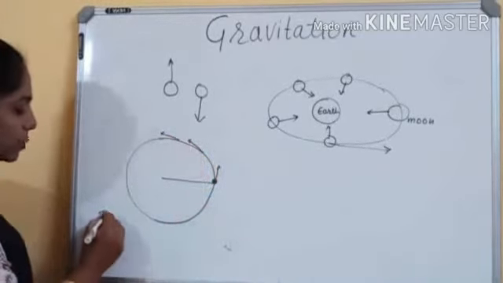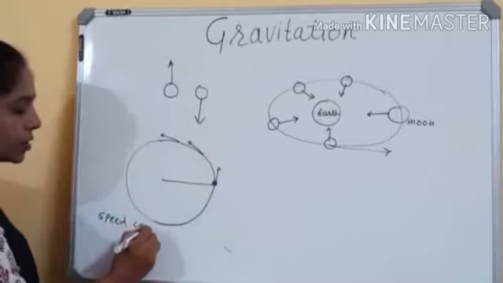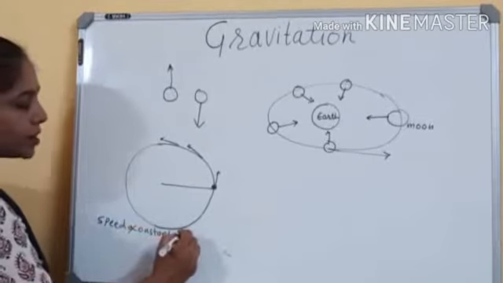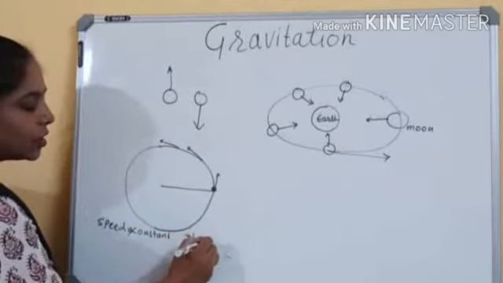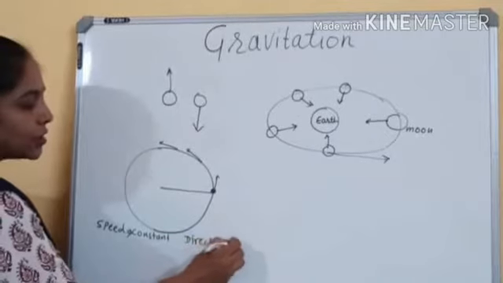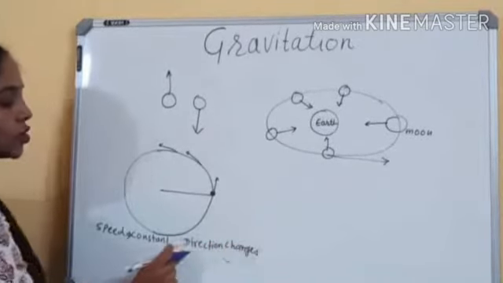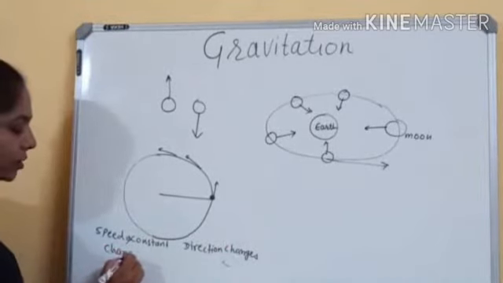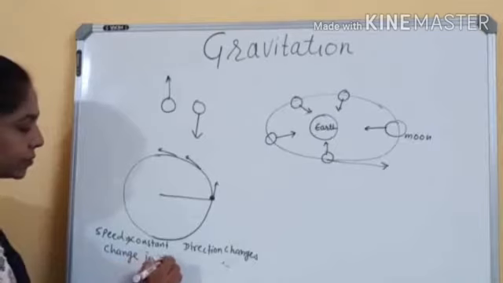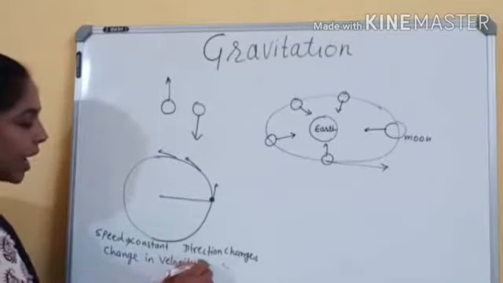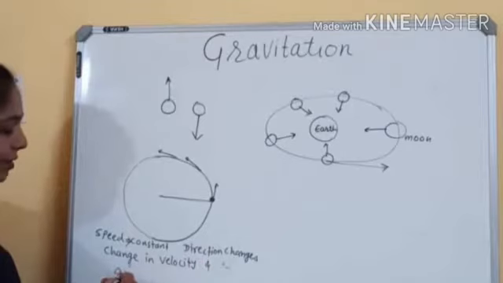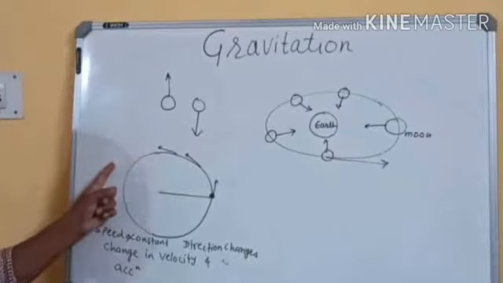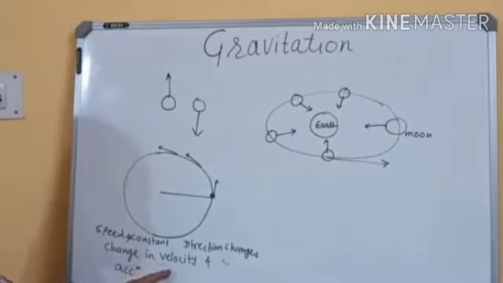You see, the speed is constant, but there is a change in direction. This change in direction involves a change in velocity, and hence acceleration. At every point the velocity changes, which means there is an acceleration.